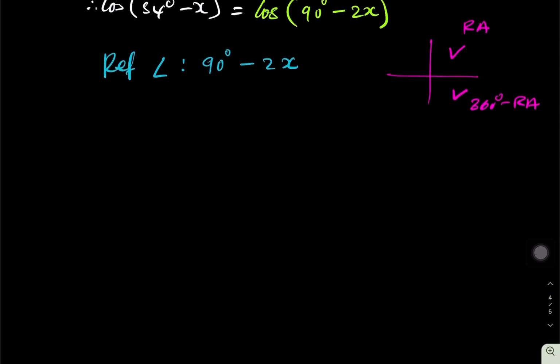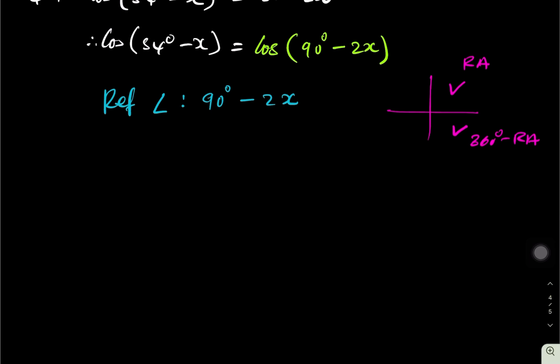Let's check. I'm going to take this part here, which is my angle. When I have 54 degrees minus x equals the reference angle in the first quadrant, which is 90 degrees minus 2x. Remember, this is a general solution. You must add the period of the cosine, which in this case is 360 degrees multiplied by k, where k is an element of integers.